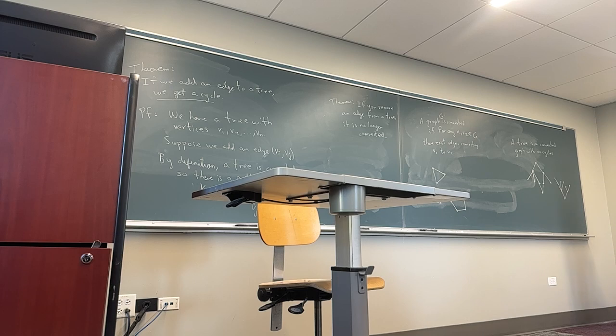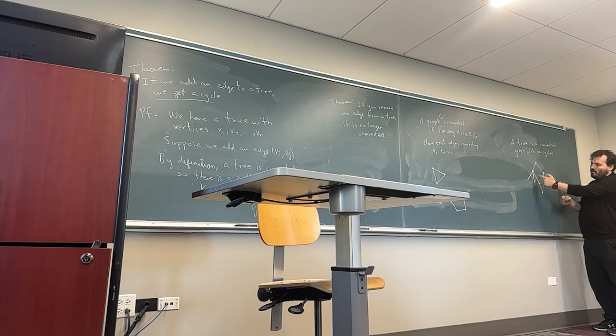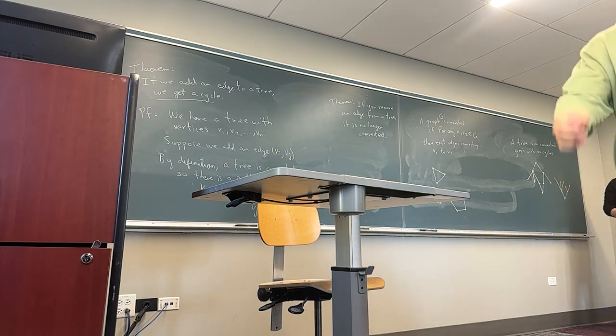So if you think of, say, this tree, if I remove this edge, then this dot is isolated from the rest. If I remove this edge, then these two are isolated. If I remove that one, this is isolated. If I remove this one, this whole part is isolated.